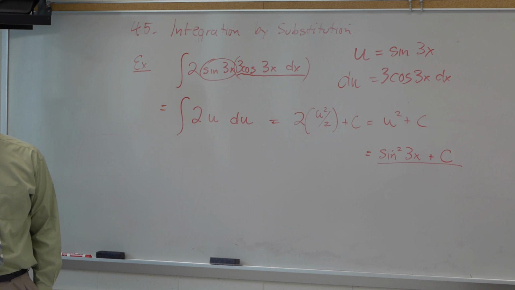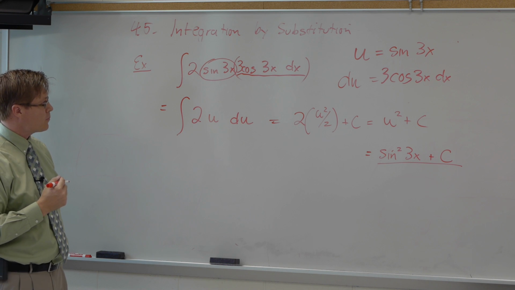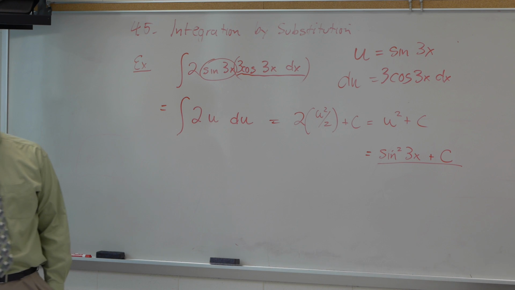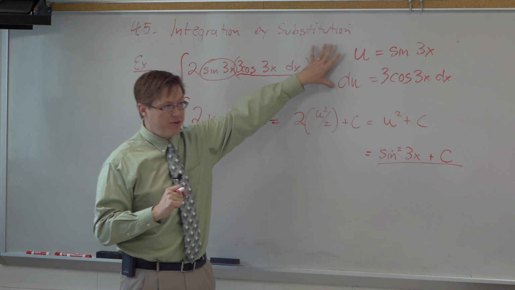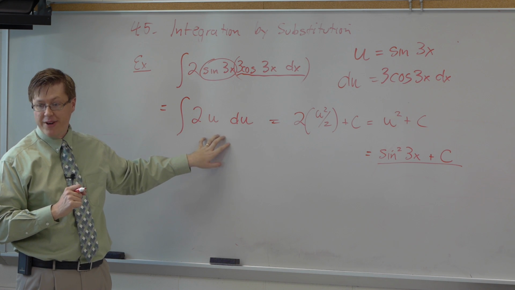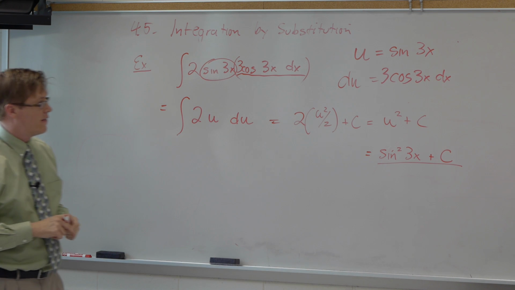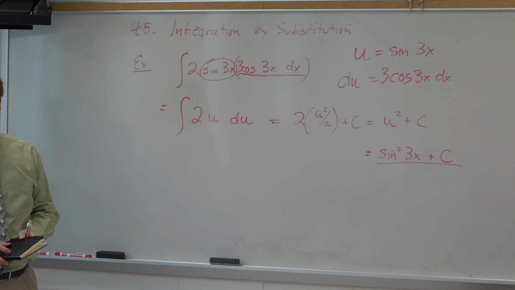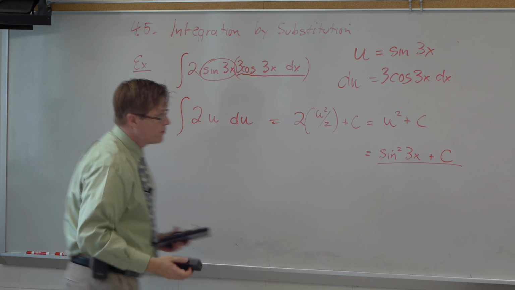So yay, it is the right answer. But by picking a u variable, and by picking the right u variable, we're able to account for the chain rule in such a way that this integral is now an easy form that we know how to integrate. Questions? All right, let's try another one.